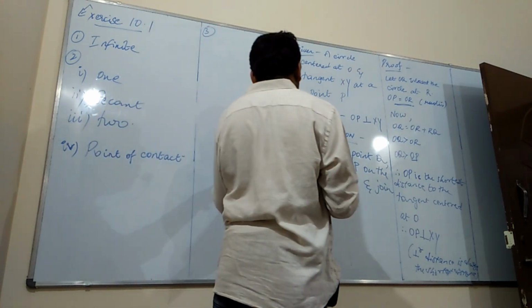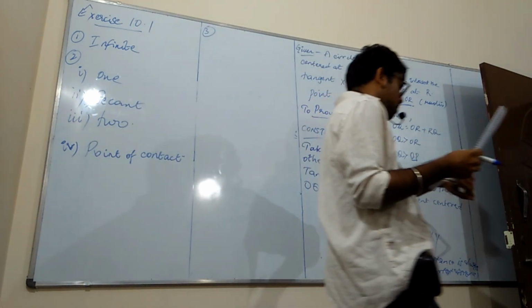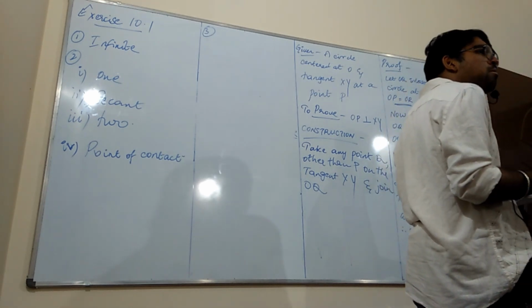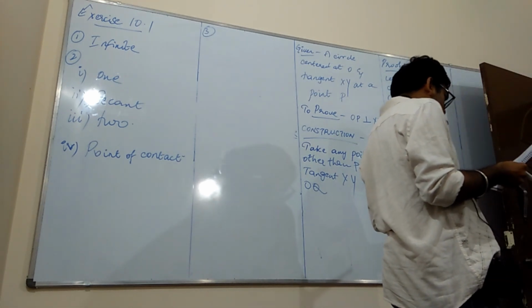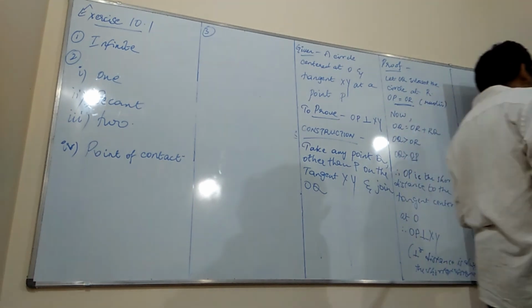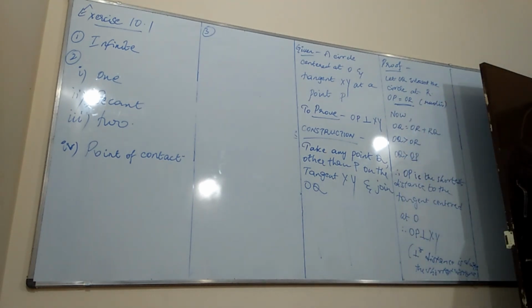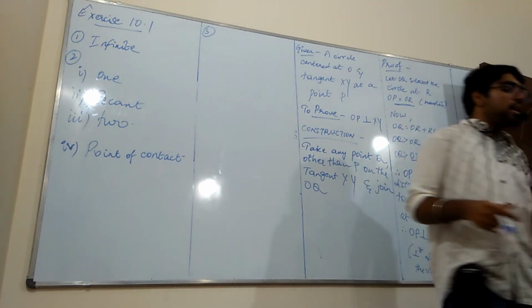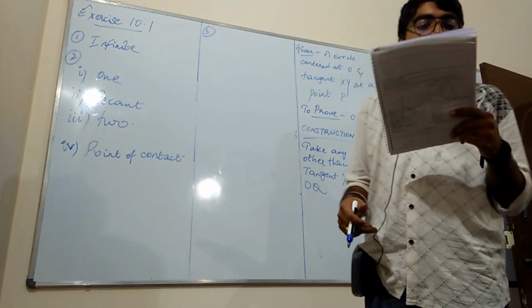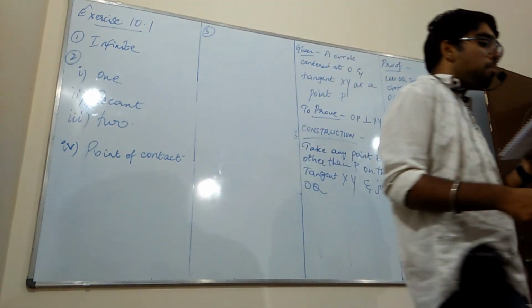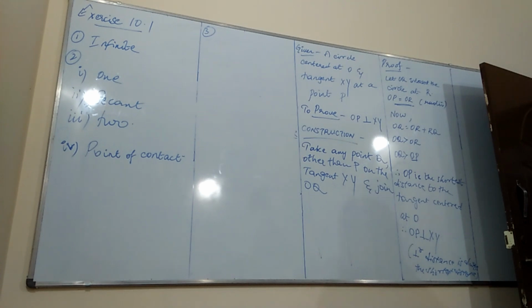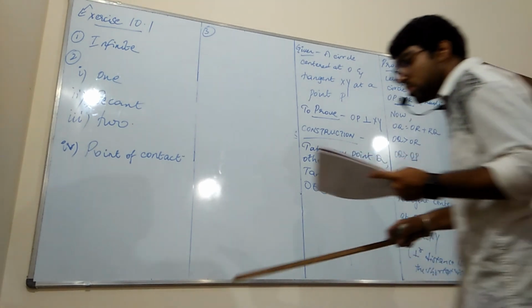Question number 3. Sir, you give some time, sir, to copy the question. A tangent PQ at a point B of a circle of radius 5 cm meets the line through the center O at the point Q, so that OQ is 12 centimeters. The length of PQ is. This is an MCQ based question, children.